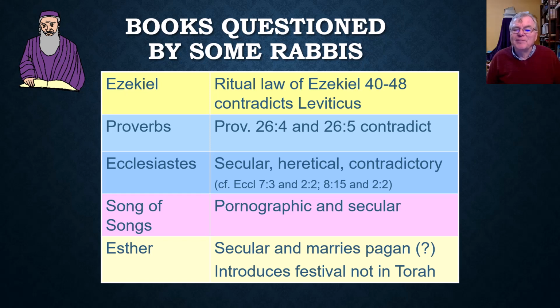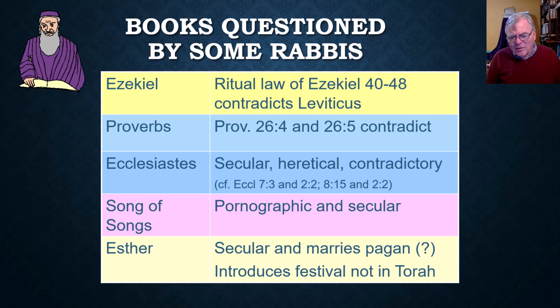Ecclesiastes 8:15 and also 2:2 seem hard to reconcile as well. For those kinds of reasons, and the radical skepticism that Ecclesiastes seems to show, a few rabbis suggested that maybe Ecclesiastes should not be in the canon.